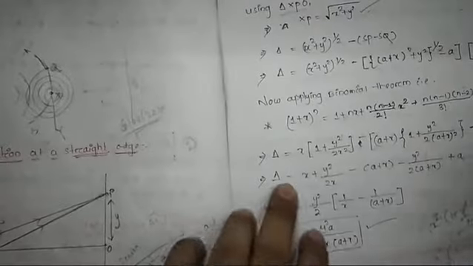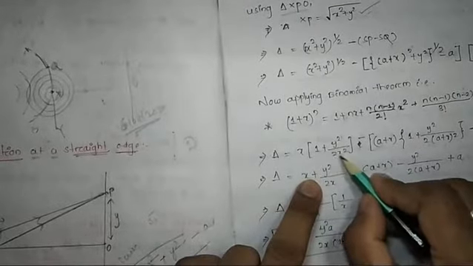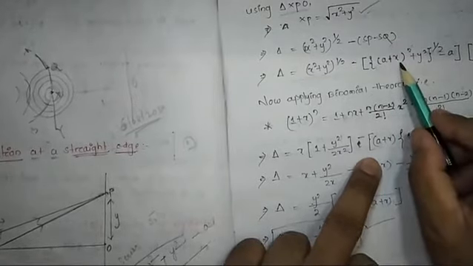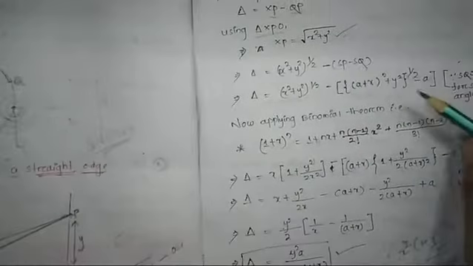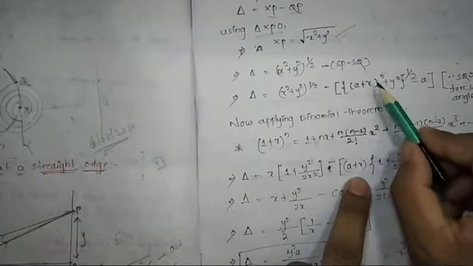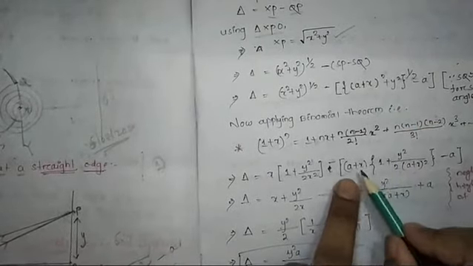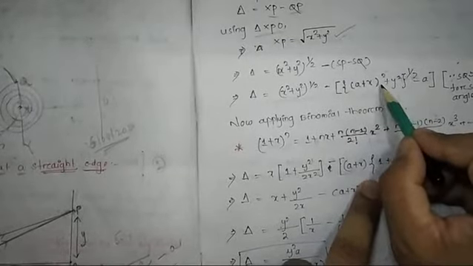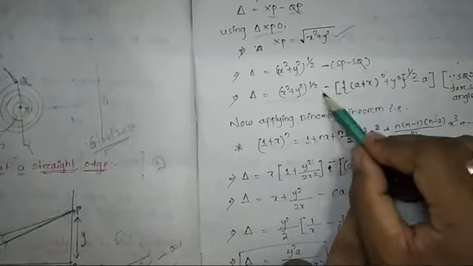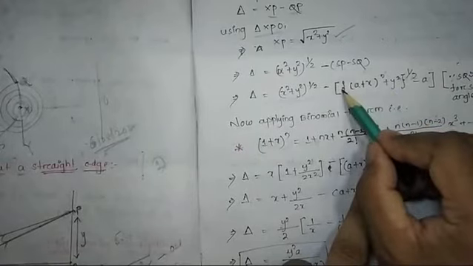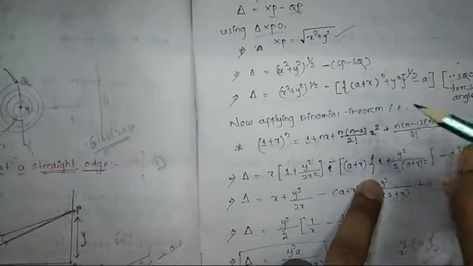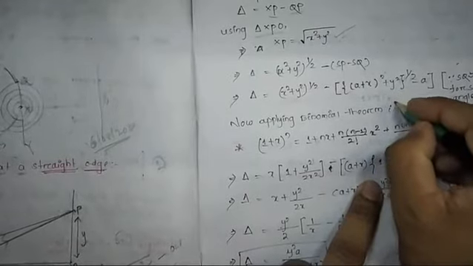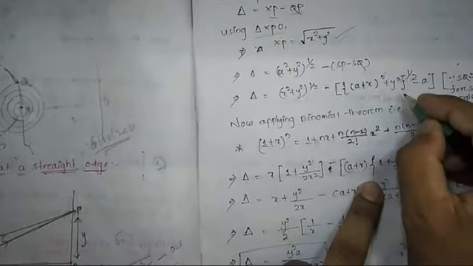So it will be x plus y squared by 2x. Similarly, taking a plus x outside, it will be (a plus x) times (1 plus y squared by (a plus x) squared) to the power 1 by 2.